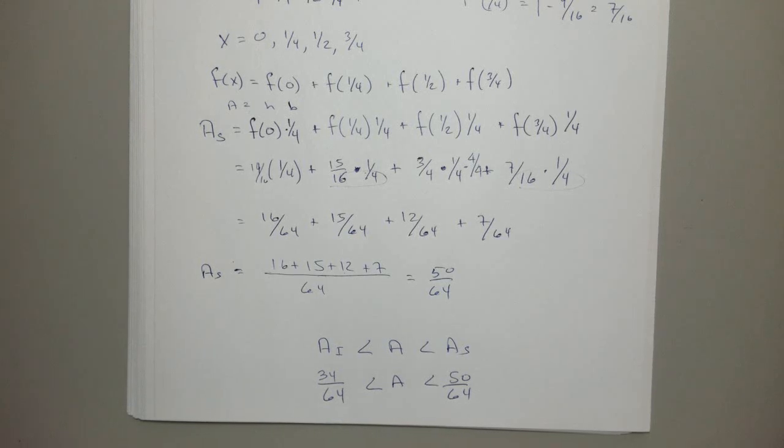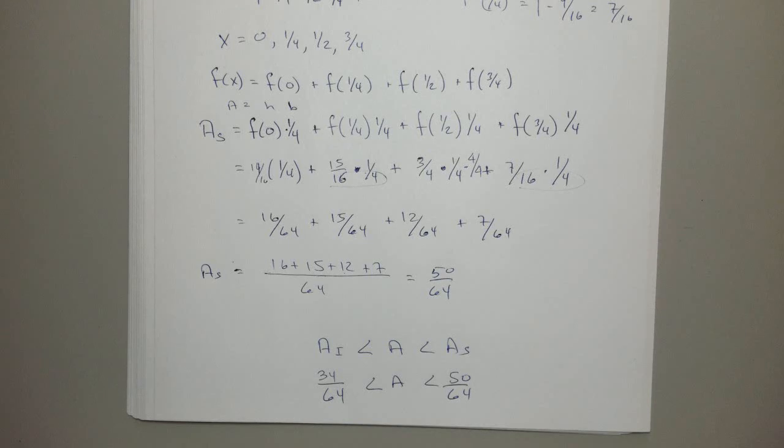We've narrowed it down. We know it's got to be between 34/64 and 50/64. Again, we can simplify the denominators even further. So how can we get even closer?